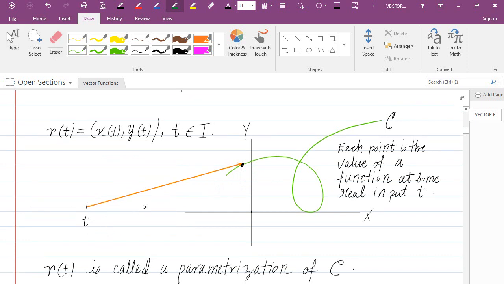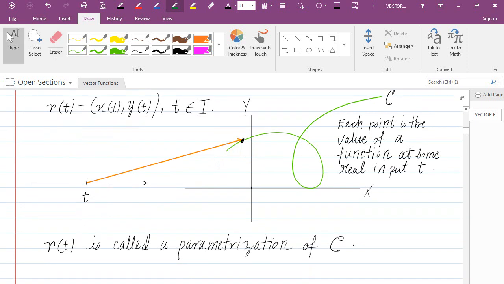And such a vector function is called a parameterization of C. So here I denotes the domain of this function.